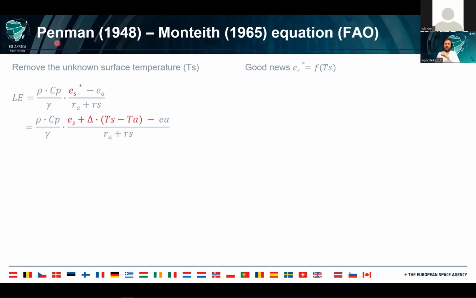What Howard Penman did in 1948 and John Monteith followed in 1965 is they removed the dependency of the surface temperature by substituting a saturated vapor pressure by this equation. It's not obvious, I can assume, but it is still mathematically possible.